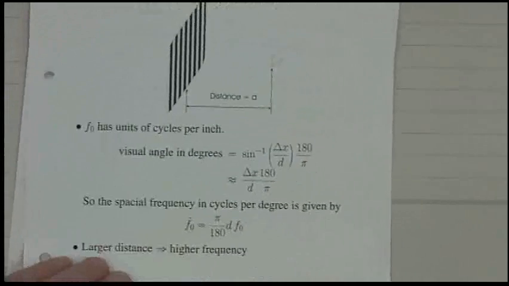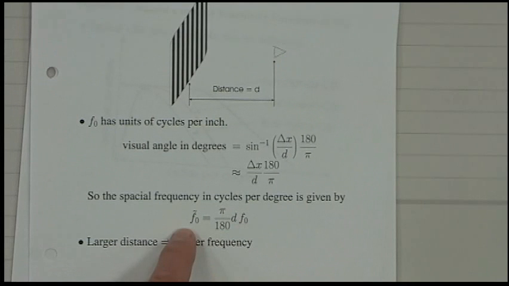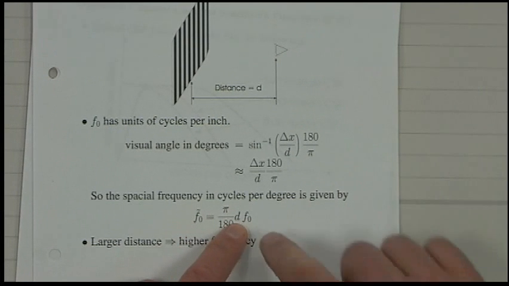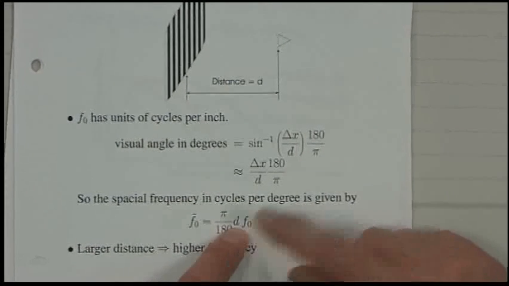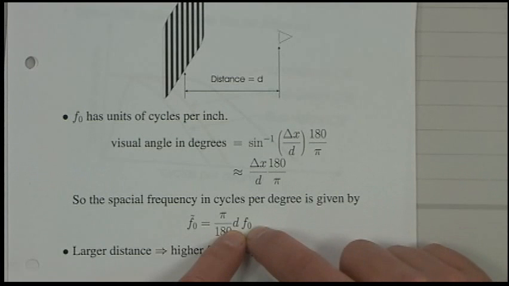Oh, and by the way, an important fact is the conversion factor when you want to go from cycles per inch to cycles per degree: you take the distance in inches. It doesn't have to be inches. It can be any units you want, but the units of frequency have to be per that unit.